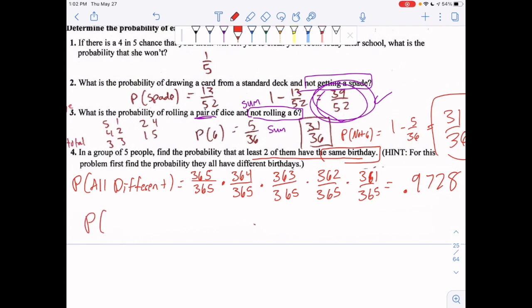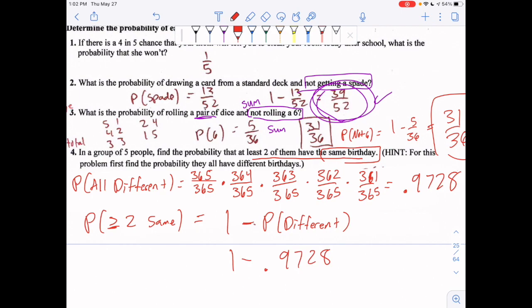So the probability that at least 2 have the same birthday is basically the complement of that. So it's 1 minus the probability of them being all different, which ends up being 1 minus 0.9728, which equals 0.0271, about 2.7%.